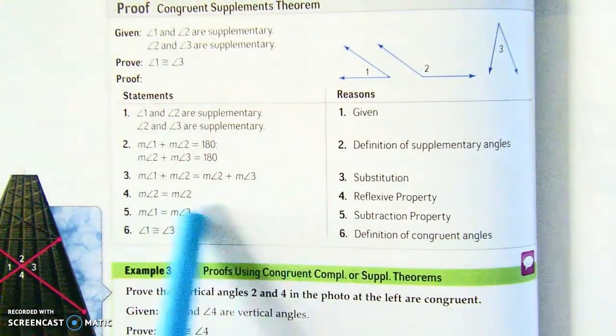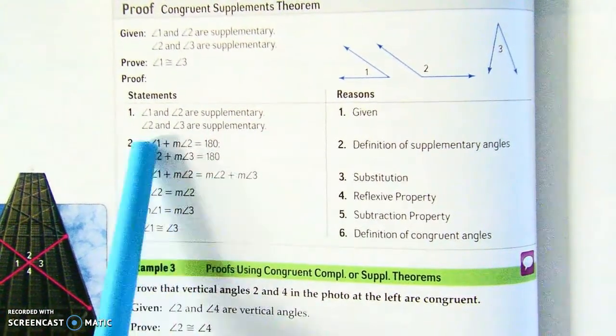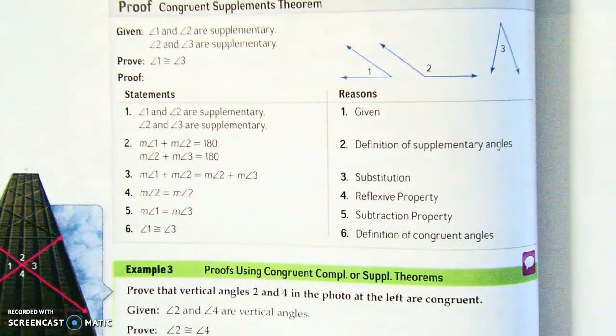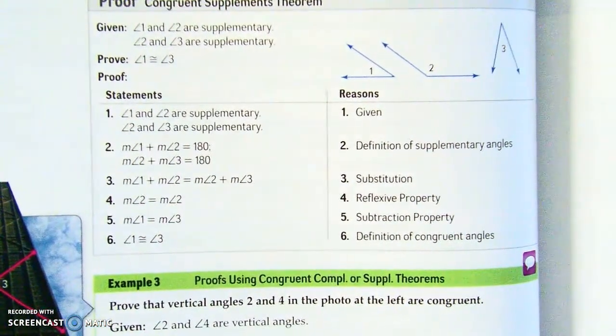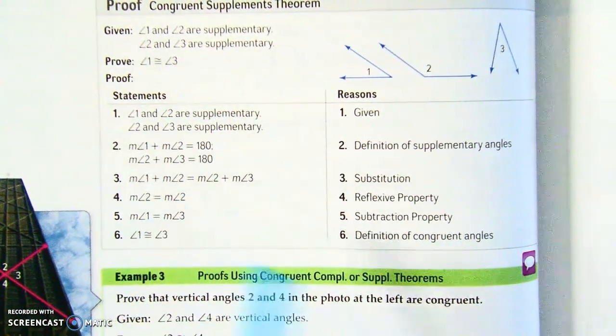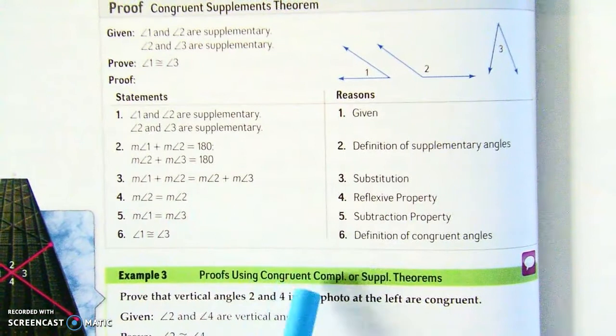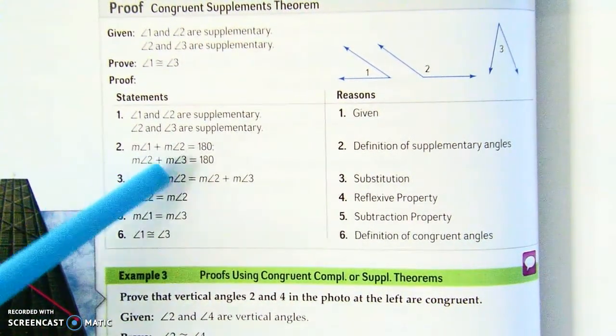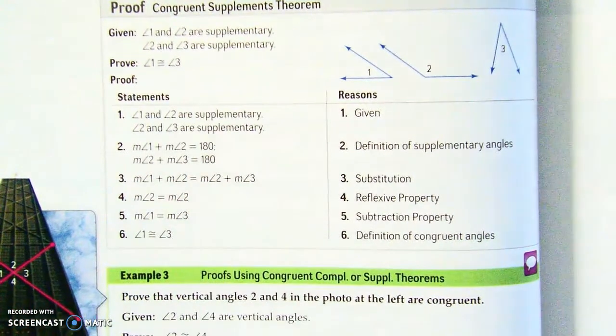Now what they did is they set these two things, angle 1 plus angle 2, and angle 2 plus angle 3, equal to each other, because they did substitution, because 180 is a match. So we just replace one with the other and we get this. So guess what we get to do? We could cancel out the angle 2's, but we've got to make sure that they are equal to each other first.